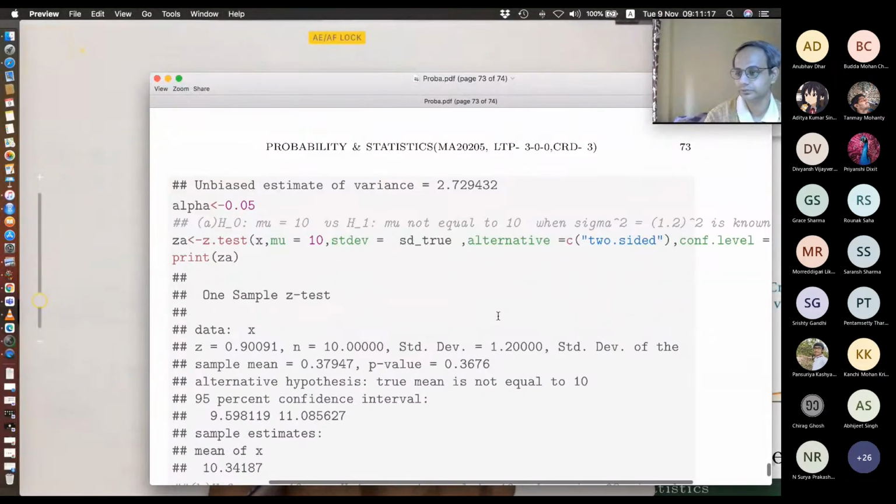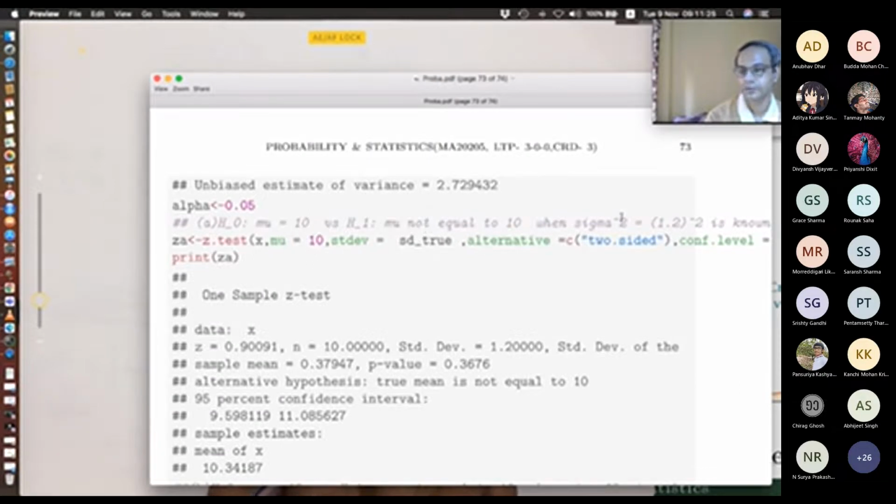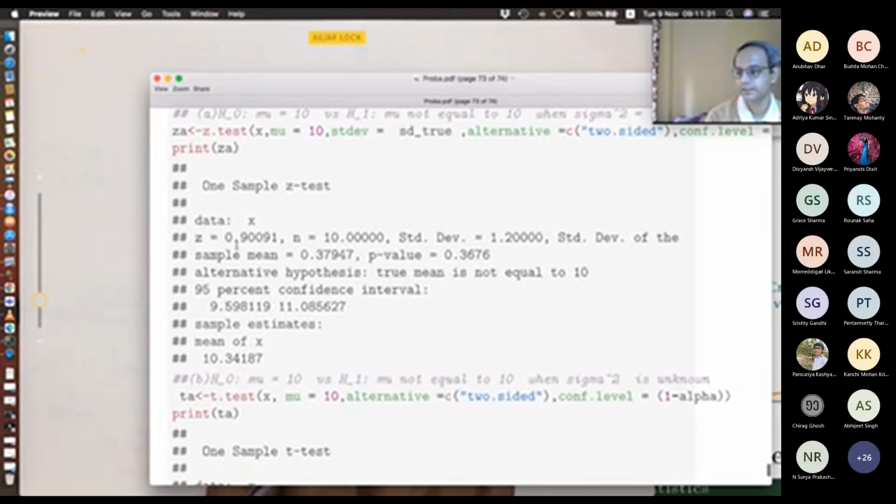Now Z test, as we have seen, you are testing for mu equals to 10 versus mu not equals to 10 when sigma value is pre-specified. Then this is the value of Z statistic that we have computed, with standard deviation specified. Then this you can conclude.